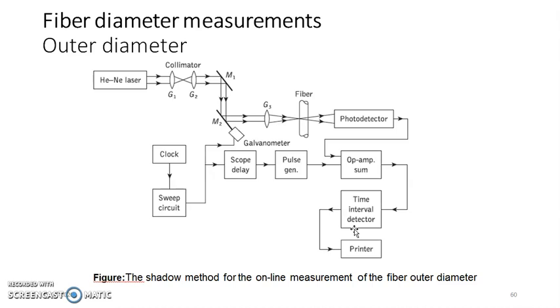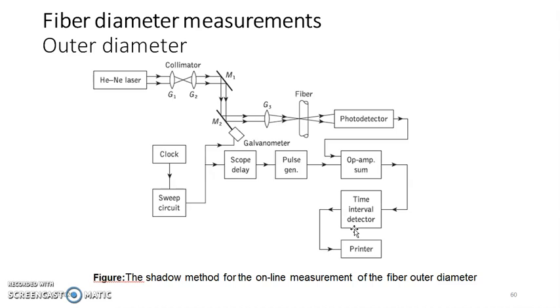Now this particular outer diameter measurement technique can be used for any given fiber. It has a radiation loss or any loss, but we are using it here for the measurement of this particular fiber. Generally, for any measurement we consider a spot size, and based on this spot or a projection we can do the measurement online.